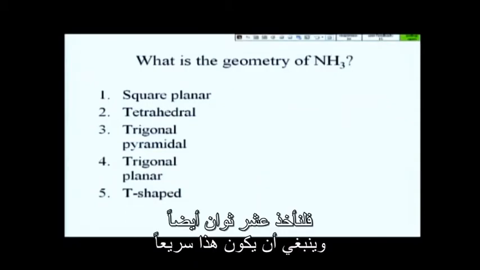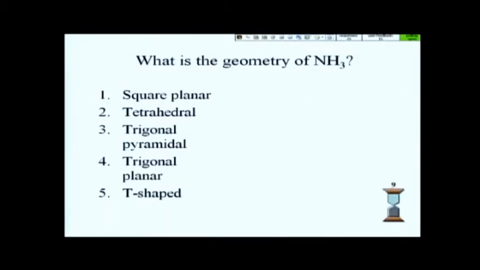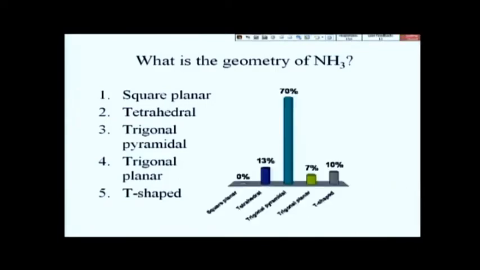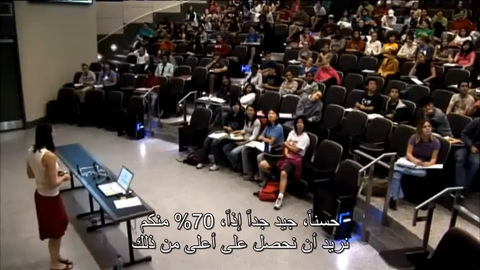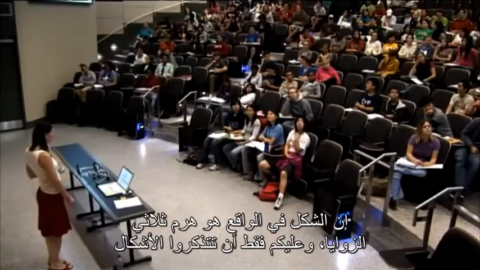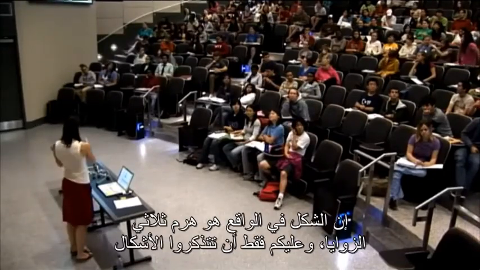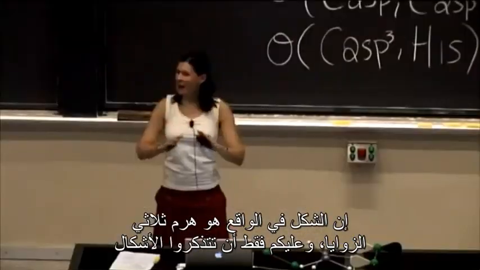Let's take 10 seconds. Again, this should be pretty quick. All right, pretty good. So 70% of you, we'd like to get this up higher. The shape is actually trigonal pyramidal, and you need to just remember your shapes.